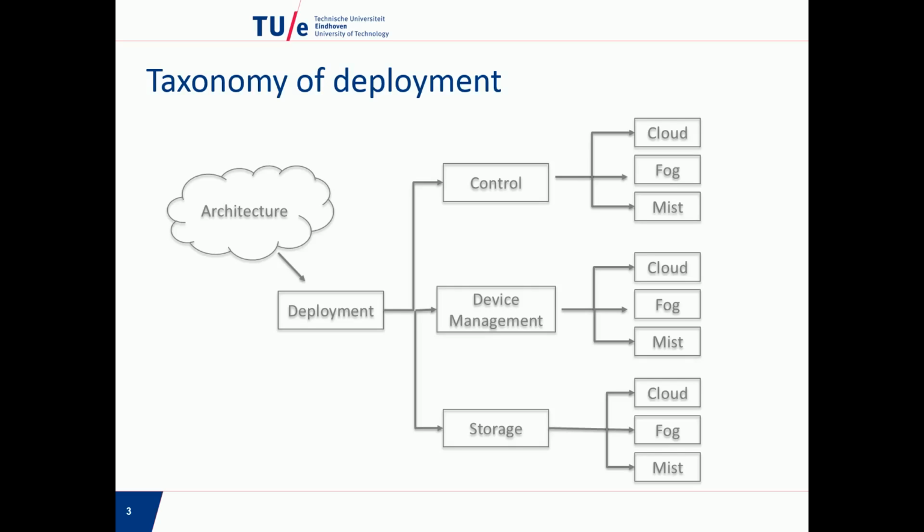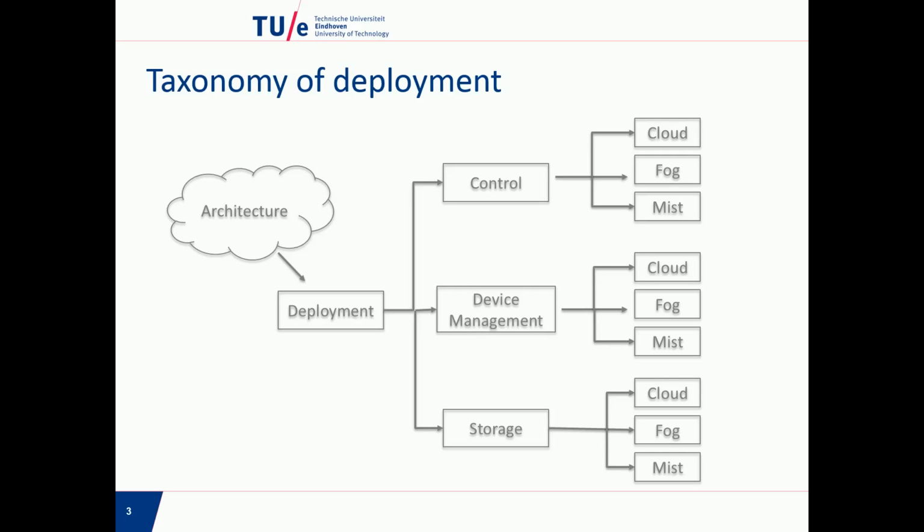the IoT system. According to the latest literature, the IoT architecture deployment mainly consists of 3 function aspects. They are control deployment, device management deployment, and storage deployment. Each aspect of deployment can be classified into 3 approaches depending on where the function is placed.